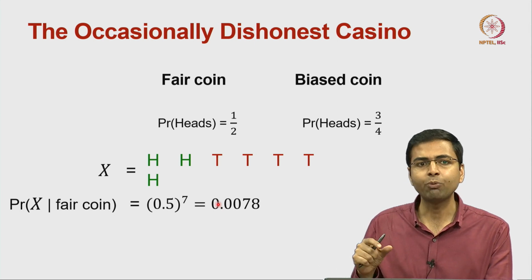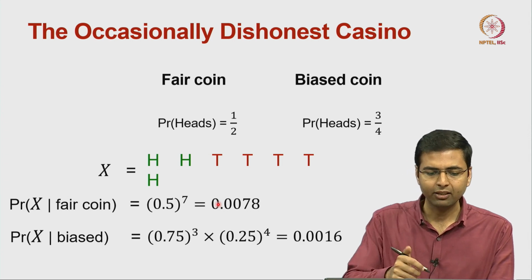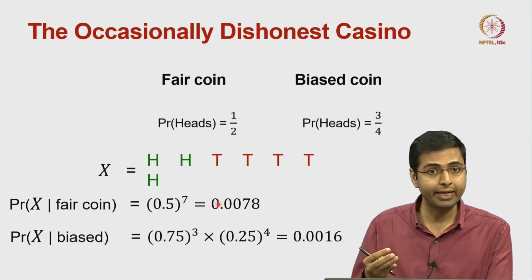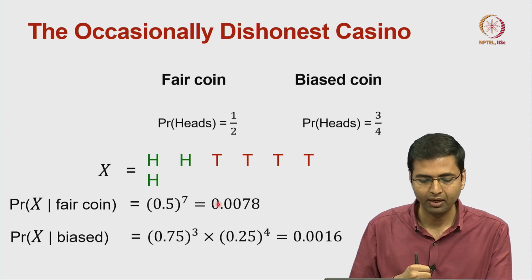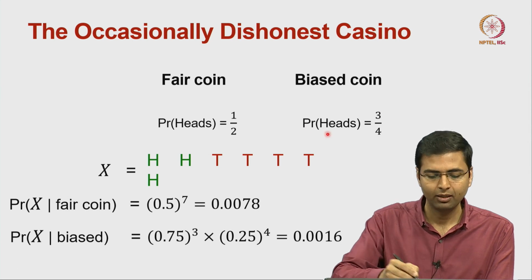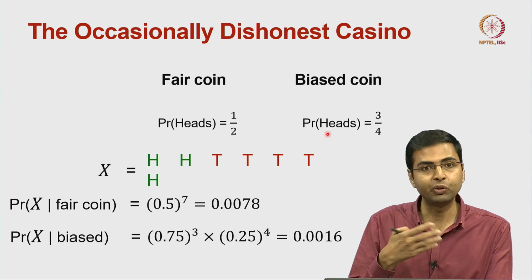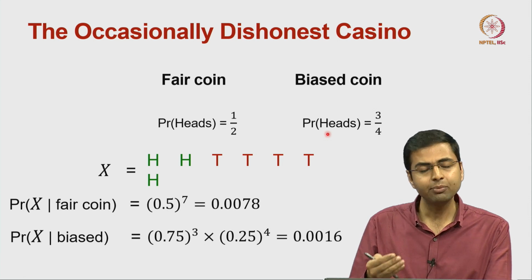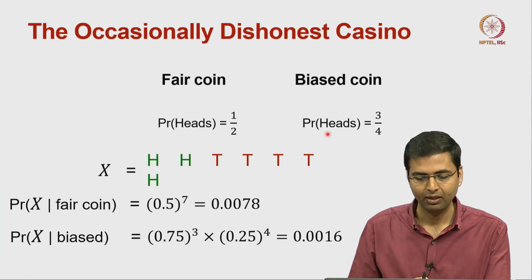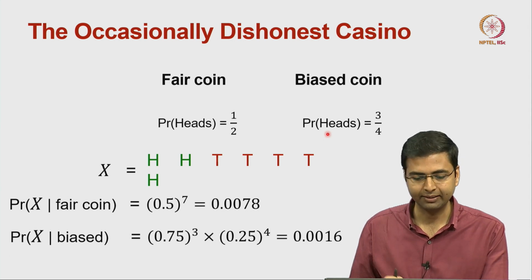Now if we repeat this process for the biased coin, observe that you have 3 heads in the sequence and 4 tails in the sequence. So given the probability distribution of the biased coin, we can calculate this as 0.75 raised to power 3 times 0.25 raised to power 4, which comes out to be 0.0016.